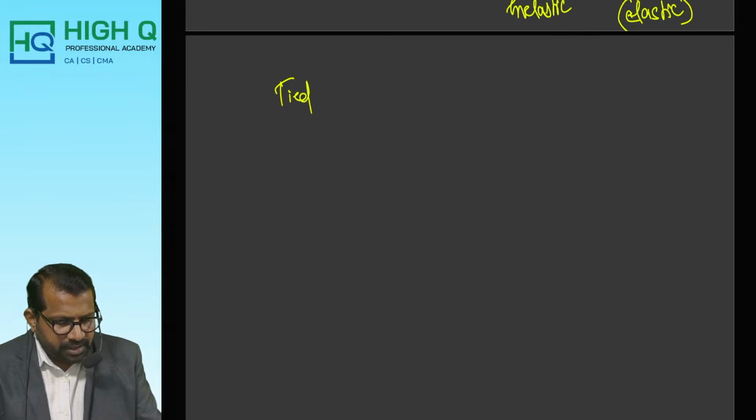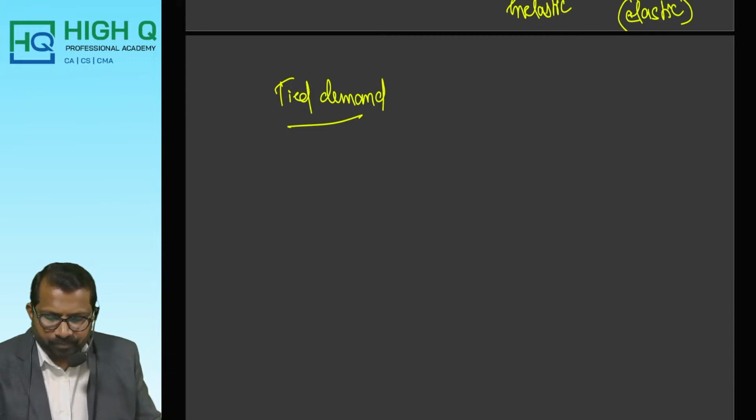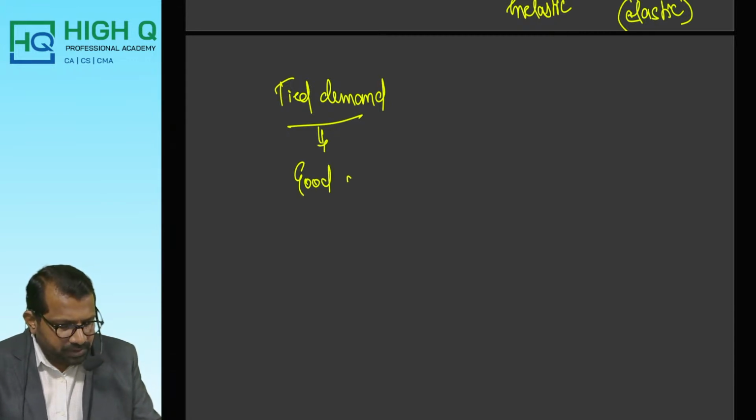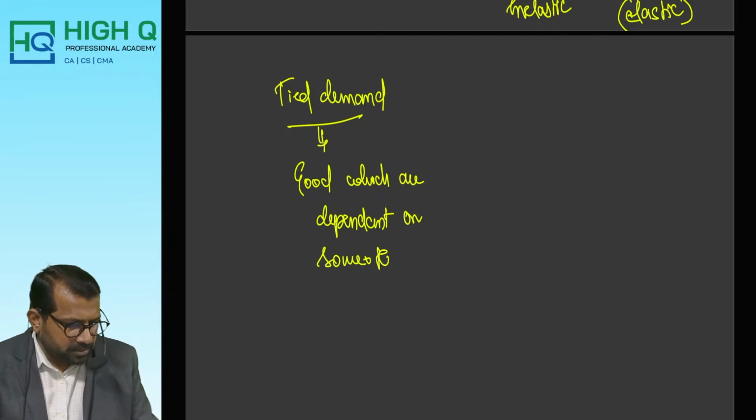Next one is tied demand. What is the meaning of tied demand? Tied demand means goods which are dependent on some other goods.